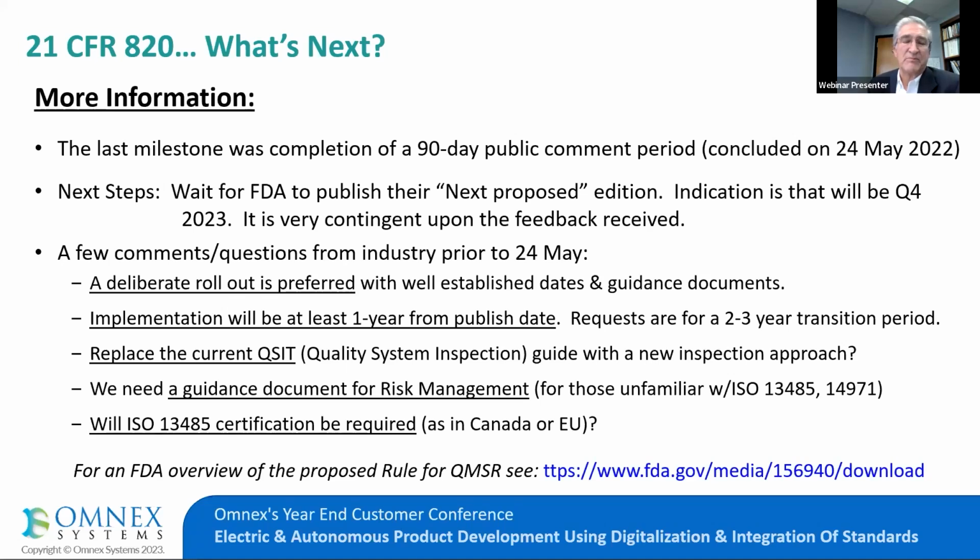Implementation, as I mentioned earlier, will be at least a year from published dates. There are requests out there for a 2- to 3-year transition. That may cause a few problems with the QSIT issues, the quality system inspection guides that are currently in place, so those will have to be rewritten for the new approach.